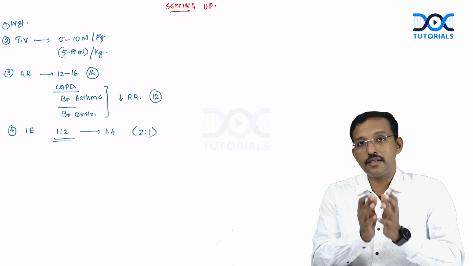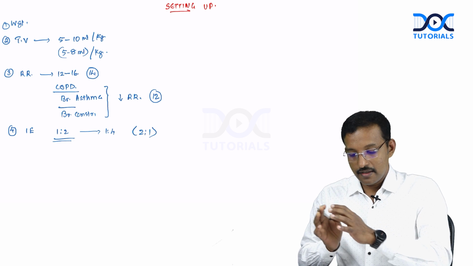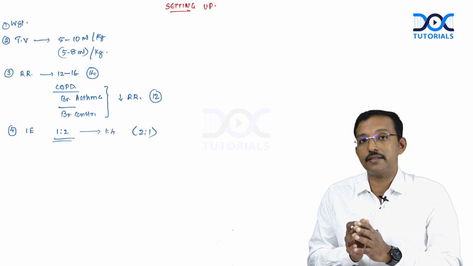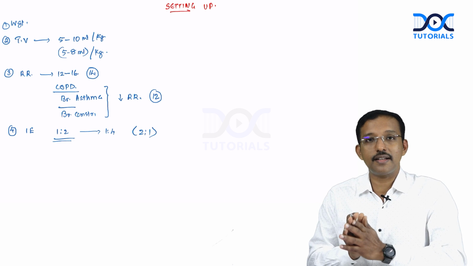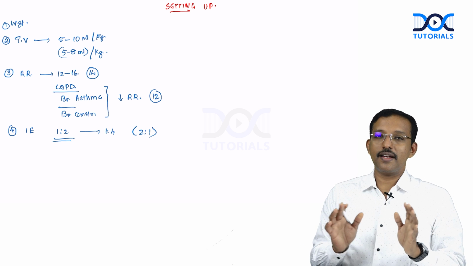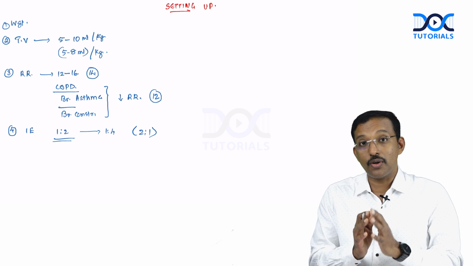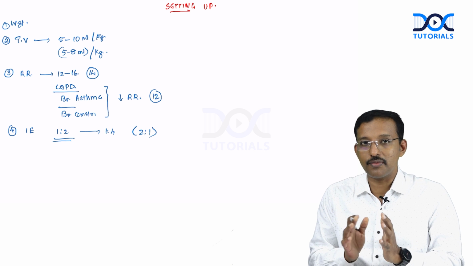Normally inspiration is short and expiration is prolonged, and at times you go with inverse ratio ventilation, as in case of severe ARDS, you think about inverse ratio ventilation, prone ventilation, etc., which is usually an advanced ventilatory setting. Normally for entrance purposes, they don't ask many questions on the IE ratio, so we don't elaborate on that. Just remember, you need to have the IE ratio in mind when you think about setting a ventilator. Most commonly it is 1:2.